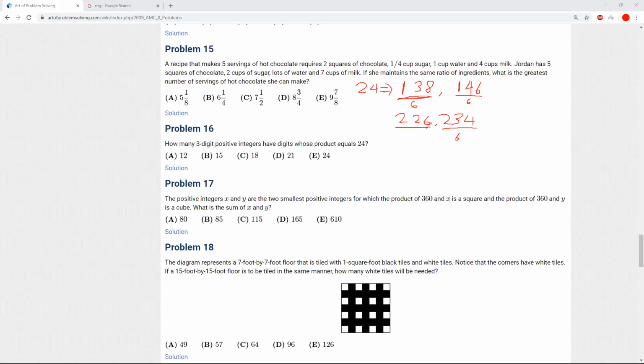And this one only has 3 permutations. So when I say permutations, I mean how many ways can you arrange it. 138, I can arrange it 6 different ways, but 226, I can only arrange it 3 ways. So if we sum up these 4 numbers, we get D, 21.